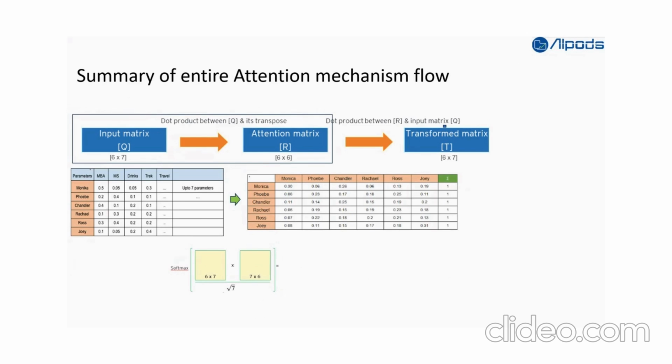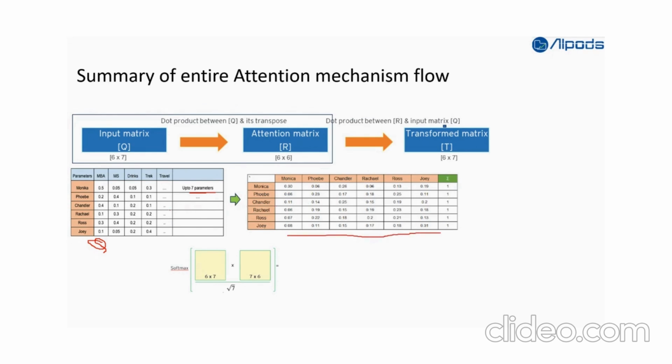So the matrix which we are seeing here, the input matrix, let's use it with the name of Q, is nothing but the query matrix, right? So I have considered those individuals mapped to 7 parameters, let's say, with certain values, based on their interest correspondingly, right? Now they interact with each other and their values are correspondingly calculated.